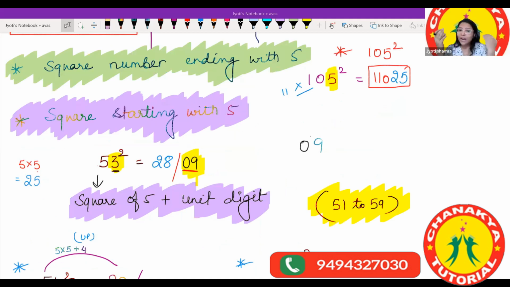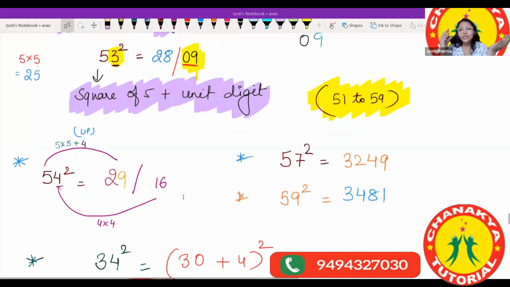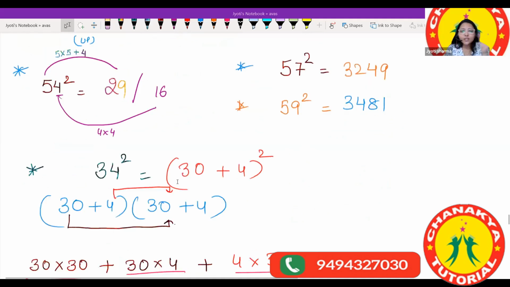We had done that earlier, but yesterday we just revised it, and then we started with squares of numbers starting with 5. I told you the method: take the unit place square, then multiply the tens place by itself, and then add the unit place. This is the overview.